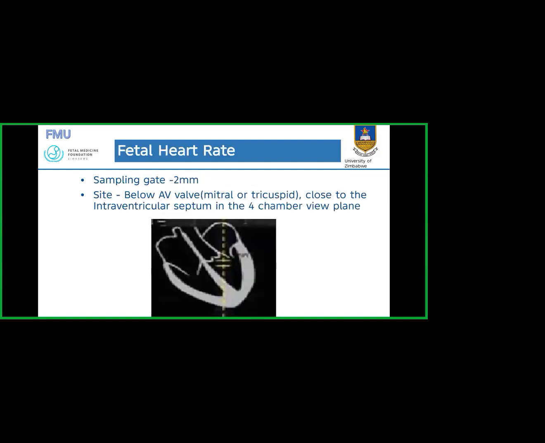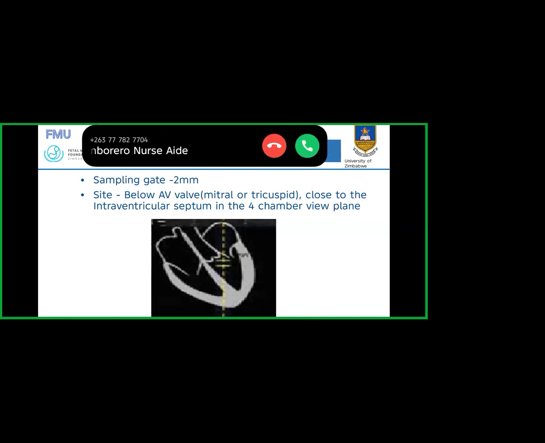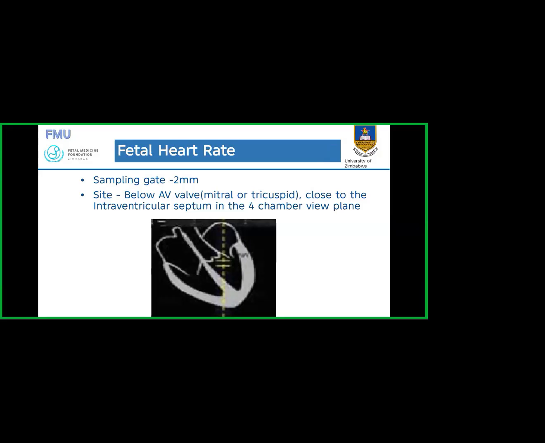When we are sampling the fetal heart rate, we use a gate of about 2 millimeters, and the optimum site for us to get a wave that we can actually analyze is to put our gate below the AV valves, to pick up ventricular inflow and outflow.